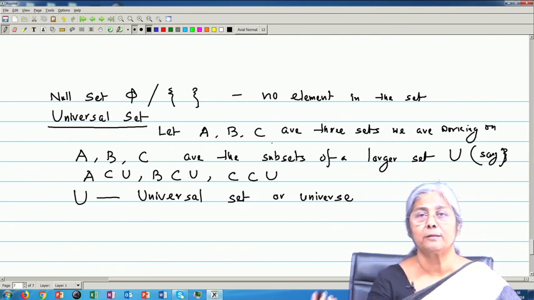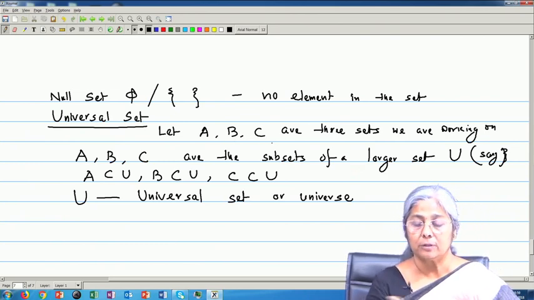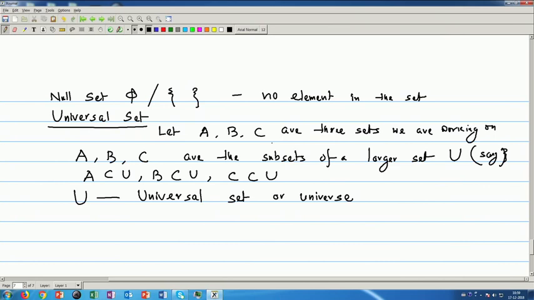Instead of these 3, there can be any number. So, the sets which are proper subsets of a larger set, we call that larger set the universal set.